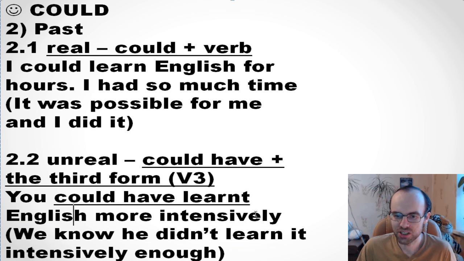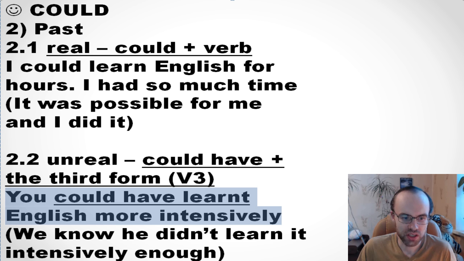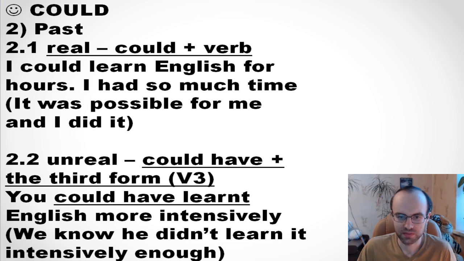You could have learned English more intensively. And if I use this structure, it means that it didn't happen. It didn't happen in reality. And so, okay, it's my recommendation. But it didn't happen. Okay, I think that you need more examples. Okay, look.